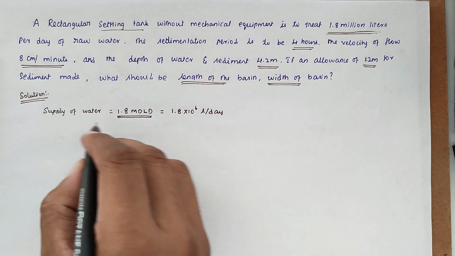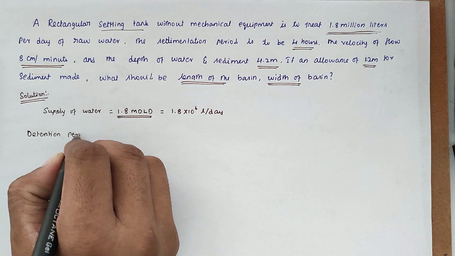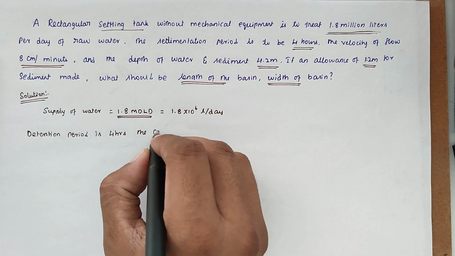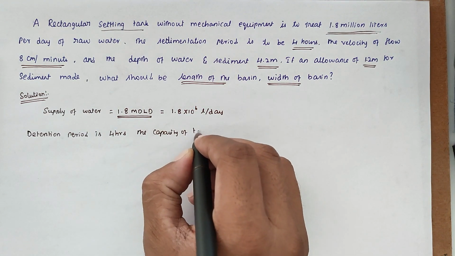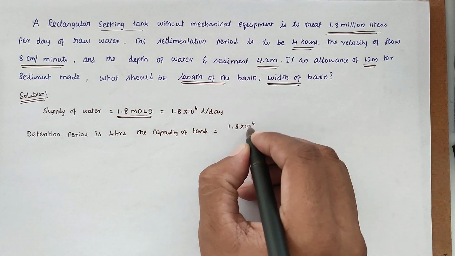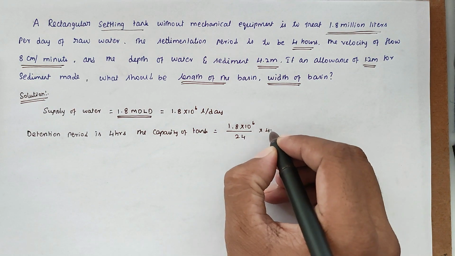We have to find out the capacity of the tank: 1.8 into 10 power 6 divided by 24, into 4 hours.